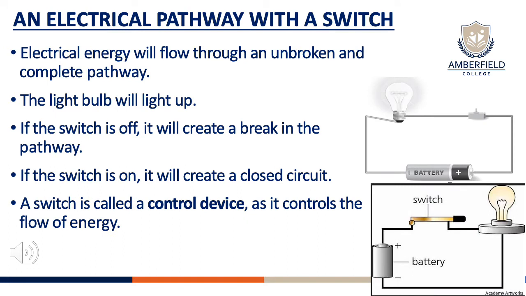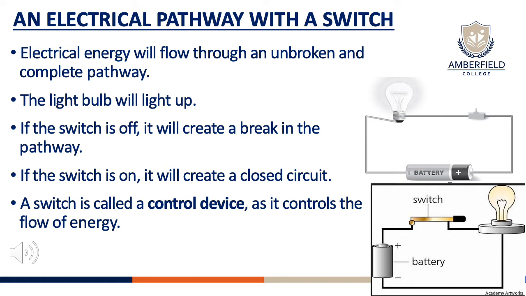So grade 6s, let's have a look at an electrical pathway with a switch. Remember, if we don't have a switch, we can still actually have a circuit. It just means we would have to connect our wires to our battery and cell correctly and with our light bulb. So the copper wire would form as a switch. Then, if we look at our switch, electrical energy will flow through an unbroken and complete pathway.